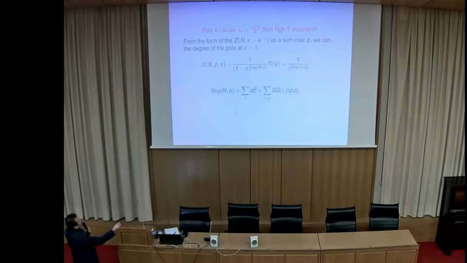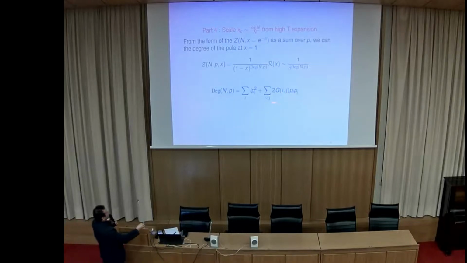And then there's something which is regular as x goes to 1. The power of 1 minus x is a sum over the parts of the partition, the cycle lengths, if you like, squared, and then the GCD of pairs of cycle lengths, and so on. There's a formula which tells you what power they contribute.